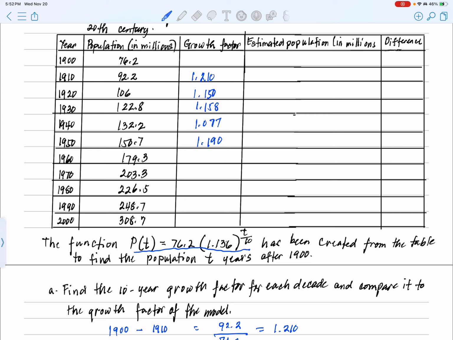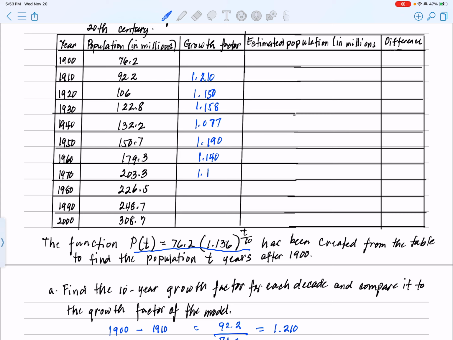We have 1.140. Then from 1960 to 1970, we have 203.3 divided by 179.3. We come up with 1.134.